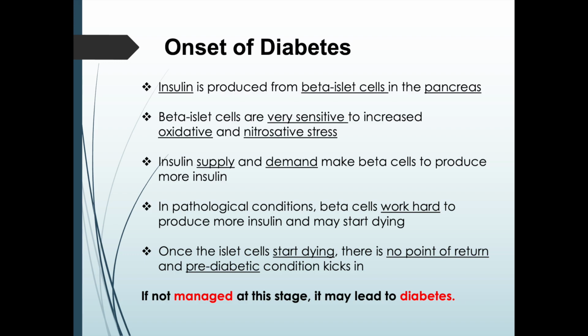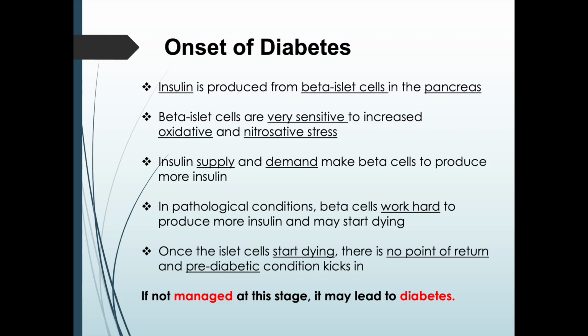Beta islet cells are very sensitive to increased oxidative stress and nitrosative stress, that is biochemical stress, like free radical generation. Free radical generation kills those beta islet cells. And insulin supply and demand make more beta cells produce more insulin.